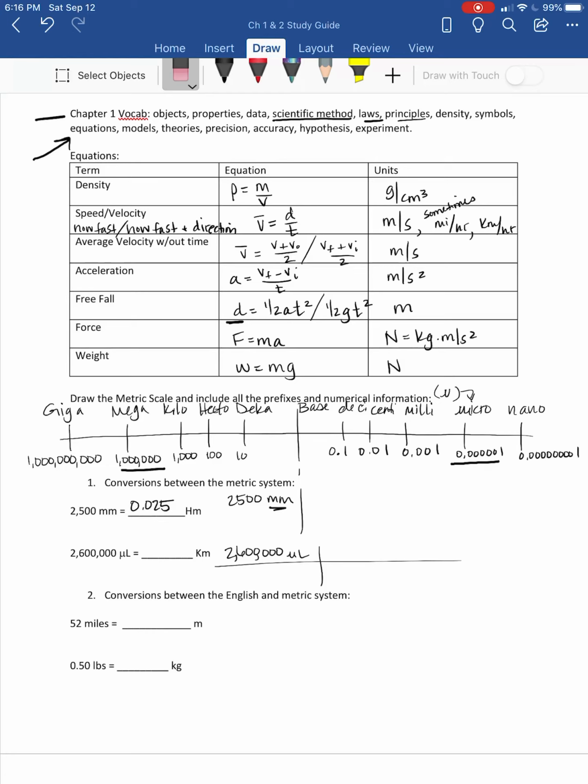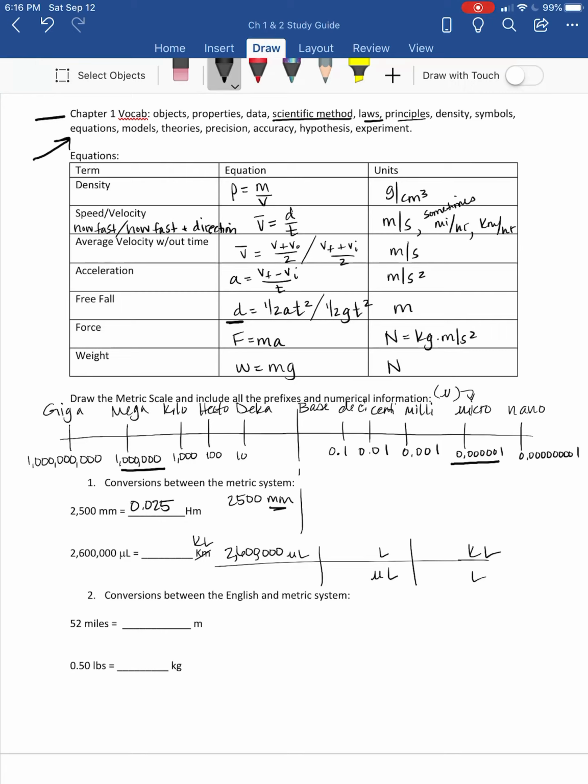Hopefully you had that written down so that I have some room here. All right, so I've got microliters to liters, and then liters to kilometers. Oh, wait. Whoa, what is that? That should be kiloliters. Sorry. Can't go from microliters to kilometers.